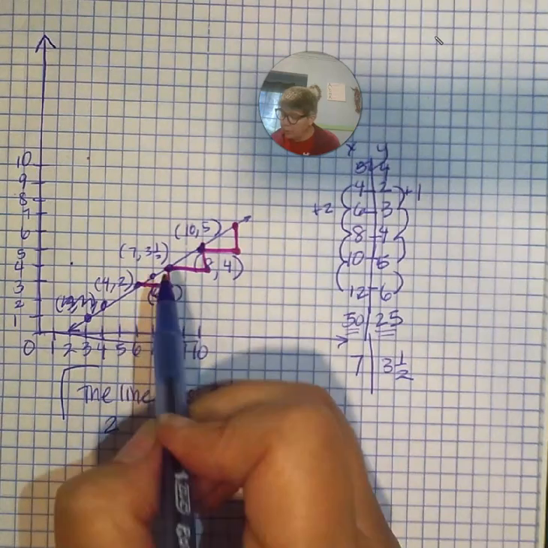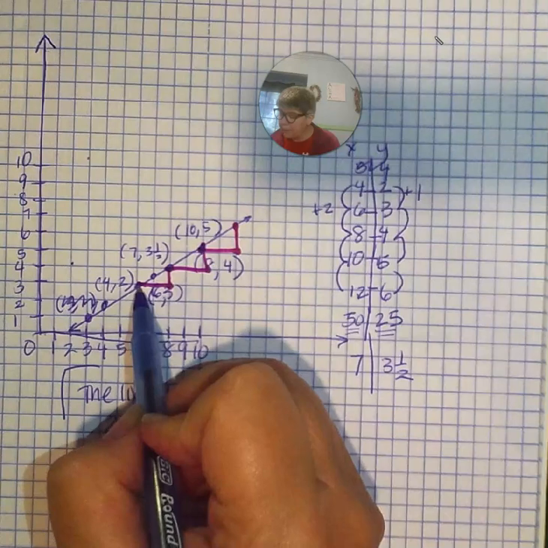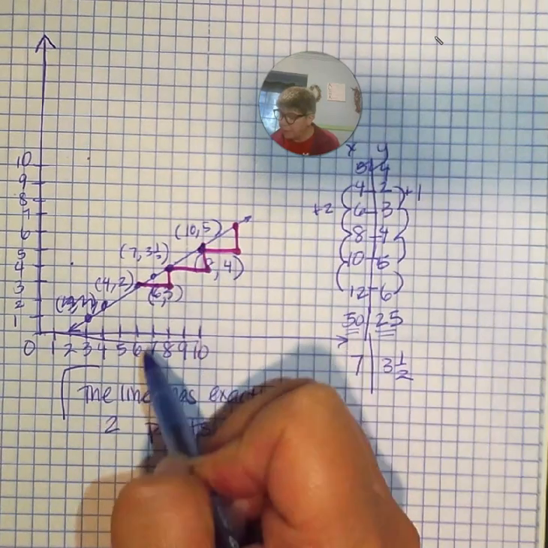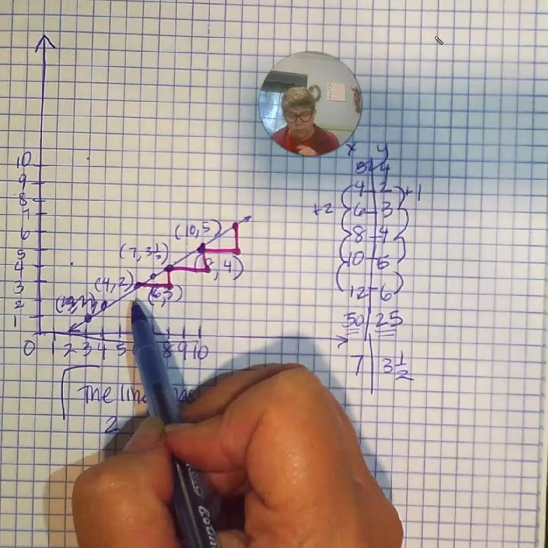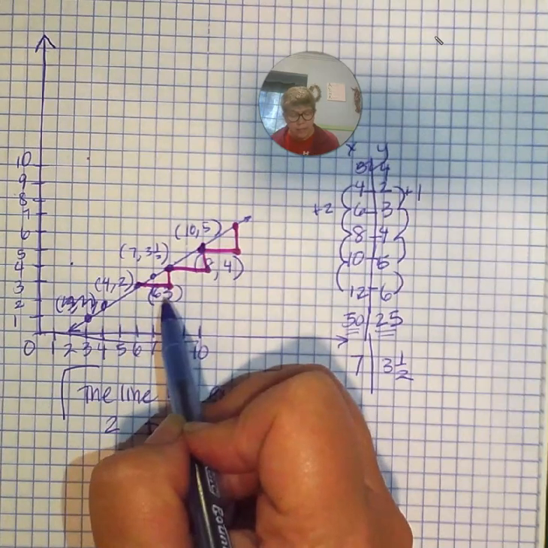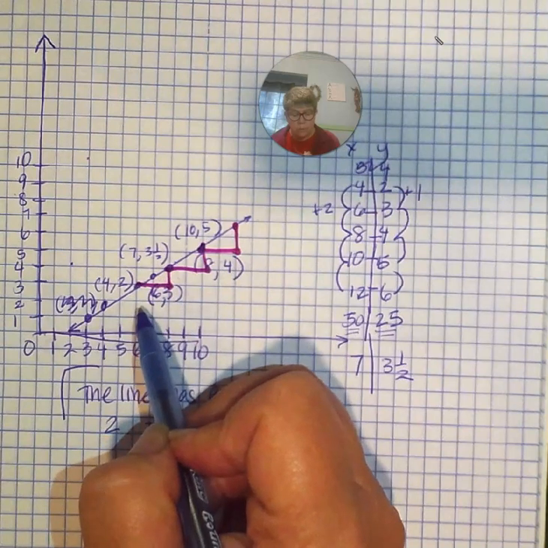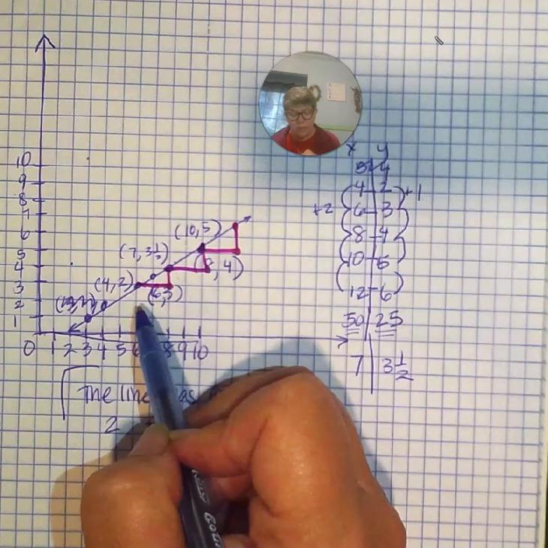So when we're moving from left to right in our pattern, we could go 2 units to the right and up 1 unit, or move 2 times as much to the right as we move up.